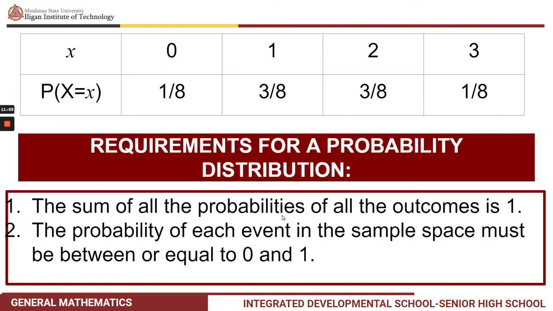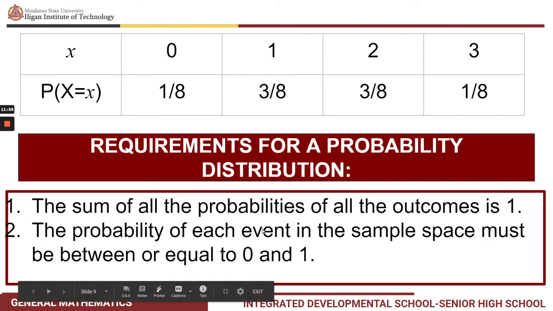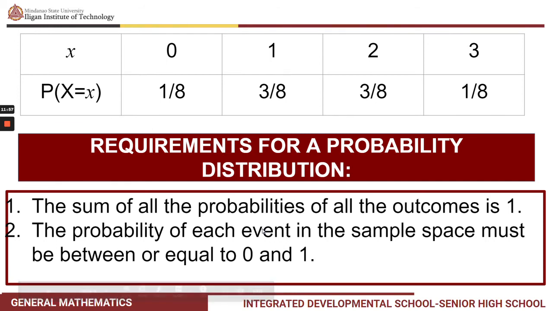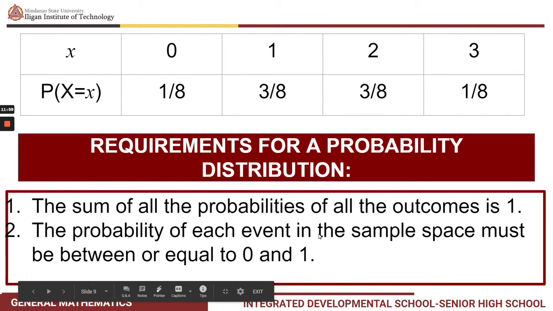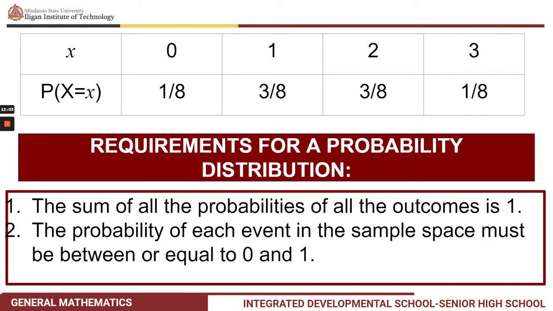Of course, because it's in our definition of probability that it must be between 0 and 1, inclusive of 0 and 1. Greater than 1 is not possible, and less than 0 is also not possible.